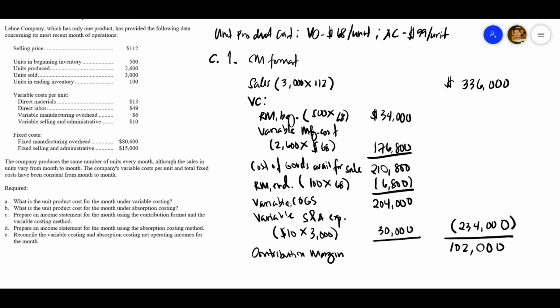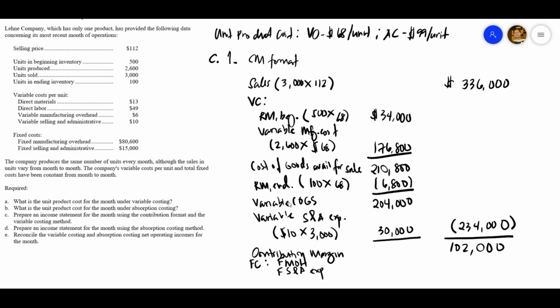For our fixed cost, we have two: your fixed manufacturing overhead, and your fixed selling and administrative expenses.